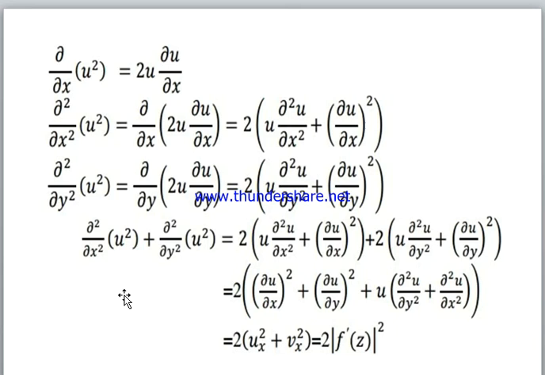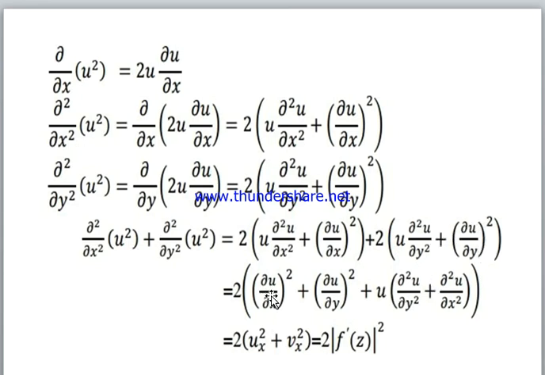So now dou square by dou x square of u square plus dou square by dou y square of u square is equal to, substituting the values, 2 into u dou square u by dou x square plus dou u by dou x whole square, plus 2 into u dou square u by dou y square plus dou u by dou y whole square.